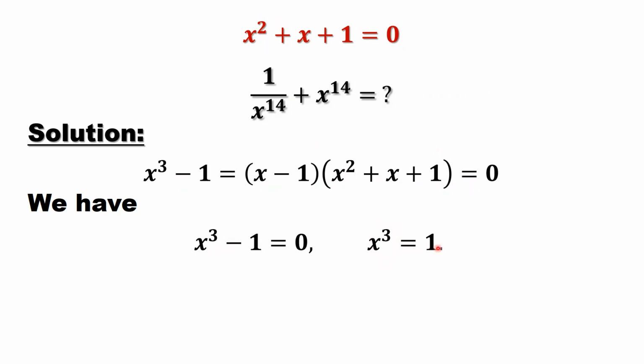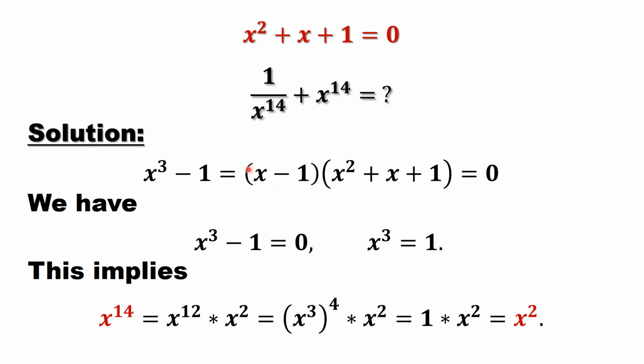Why do we want to do this? Because 14 is a big number. We want to reduce the power from 14 to a smaller number, so we have too many 3's inside. So here, we simplify x to the power 14 as x to the power 12 times x squared.